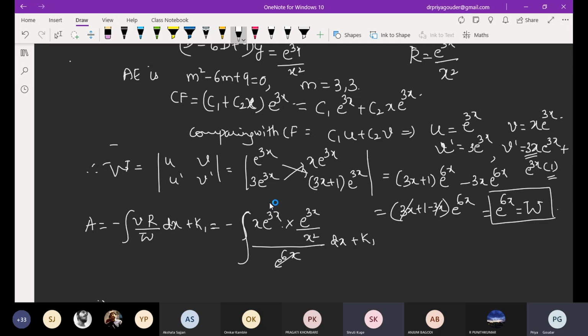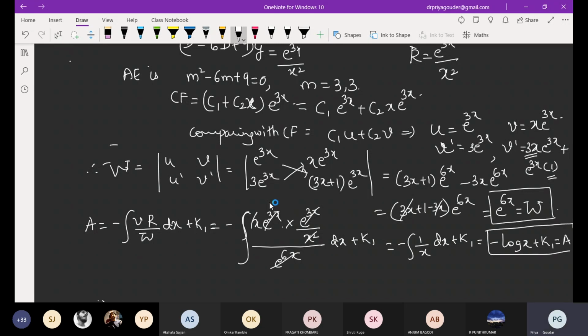What is the cancellation? Exponential and one of the x goes, no? What remains? What is the integration of 1 by x? Log x. Yeah, this is the value of A.